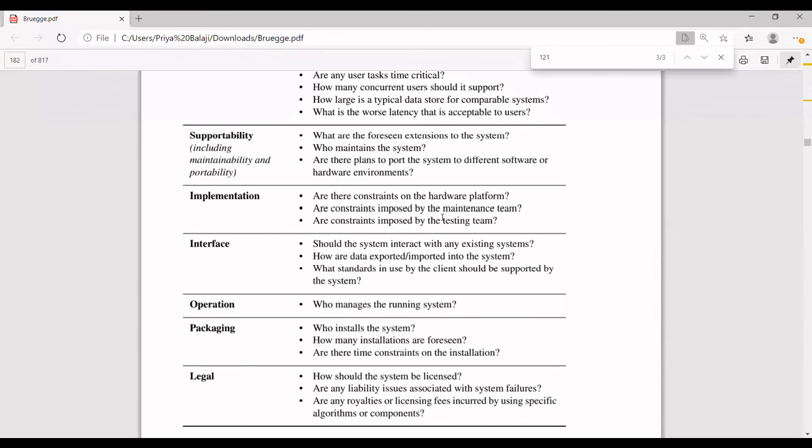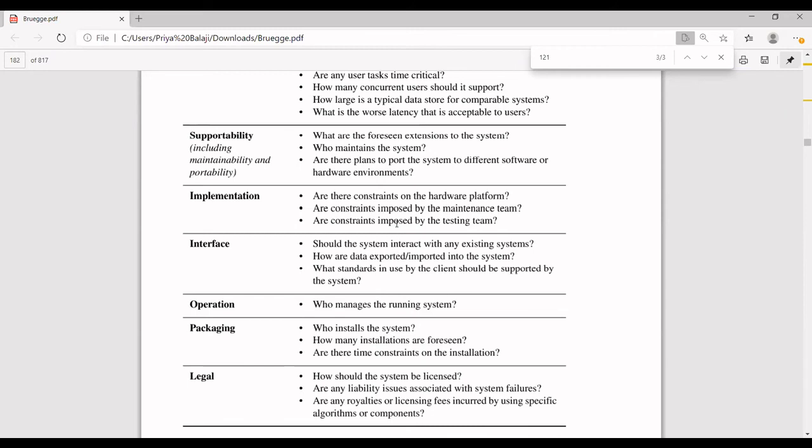So these are the activities which you have to do for your requirement elicitation. I'll just go over them again. First, you have to find out the actors. Then you have to find out the scenarios. Then you have to find out the use cases. After the use cases are done, you have to refine the use cases.